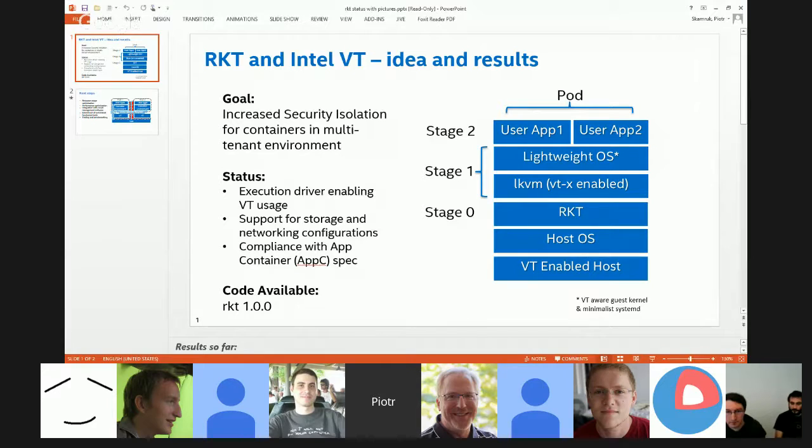Memory optimization will be handled by using the same basic file system which will contain systemd, an SSH server, and additional things which could be shared between running containers, pods.